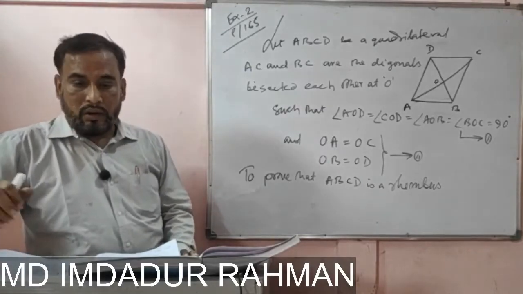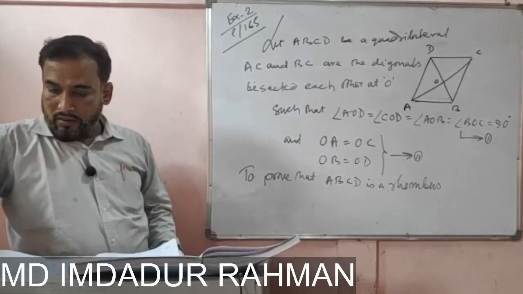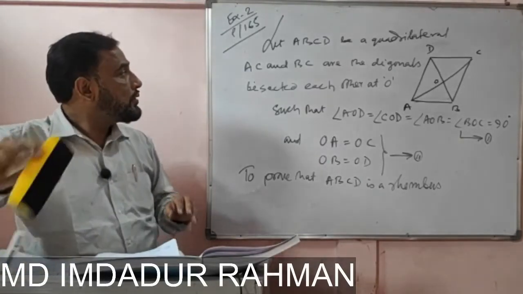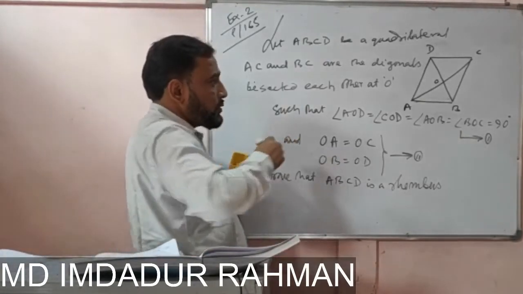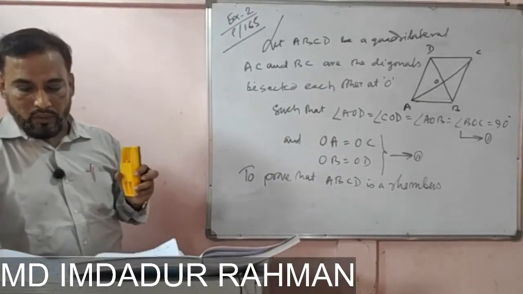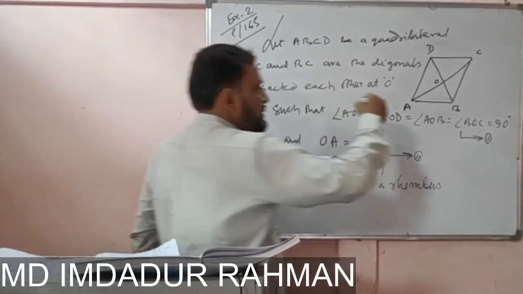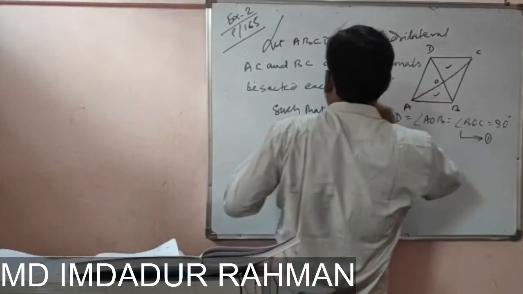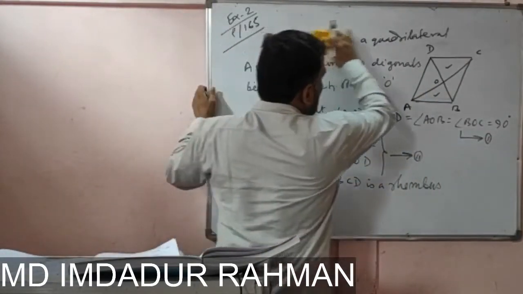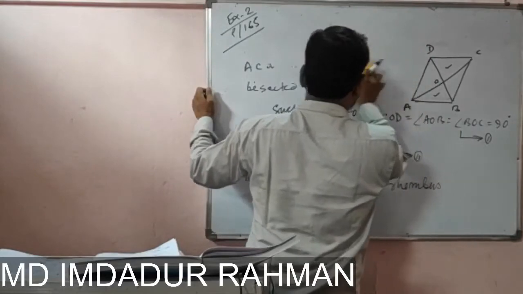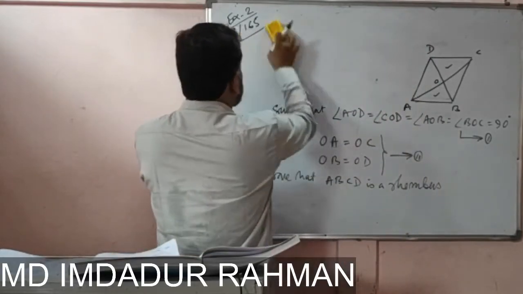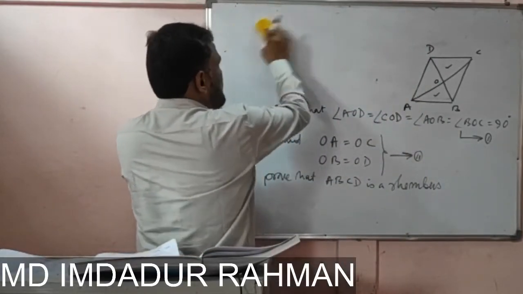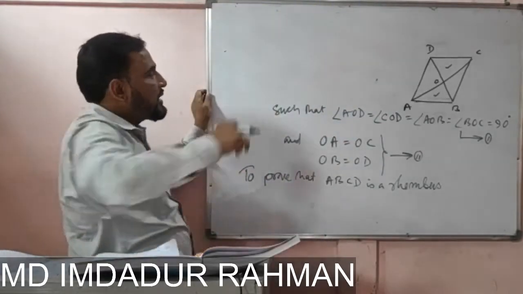So we will consider two triangles, two times we will use. First we will use this triangle and this triangle. What are we getting? Let us see. Proof.